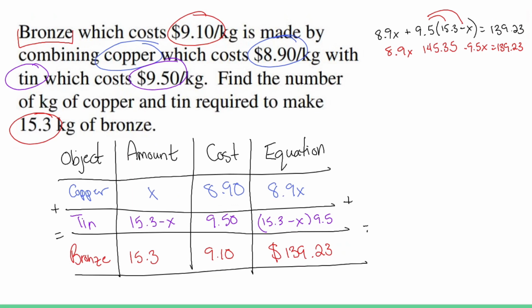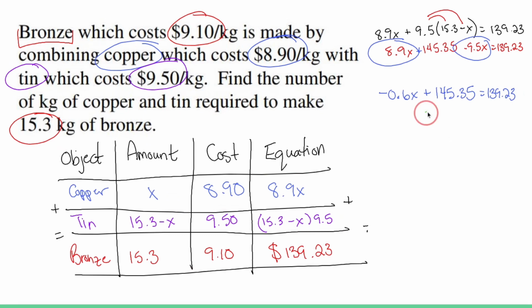Let's combine the two variables on the left side. 8.9x minus 9.5x is negative 0.6x. Now, you might be a little nervous about that negative, but we'll see what happens. Right here, I drop down the positive 145.35, because that was positive. I may have forgotten a plus sign there. And that's going to equal 139.23.